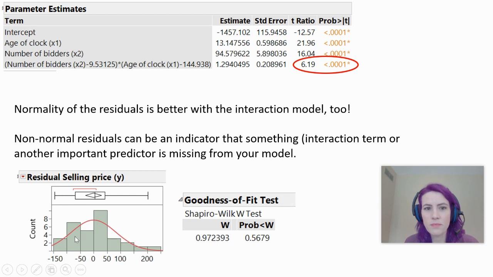And they look a whole lot more normal than the original first order model where we just had age and bidders. All right, so if you notice your residuals are not normally distributed, maybe they're bimodal or really skewed or something, that might be a clue that something is missing from your model. So here, the missing piece was the interaction term.